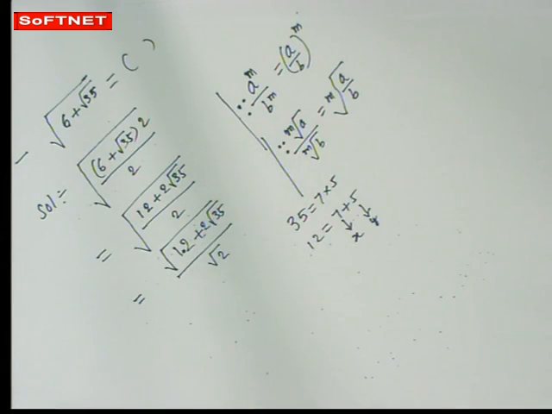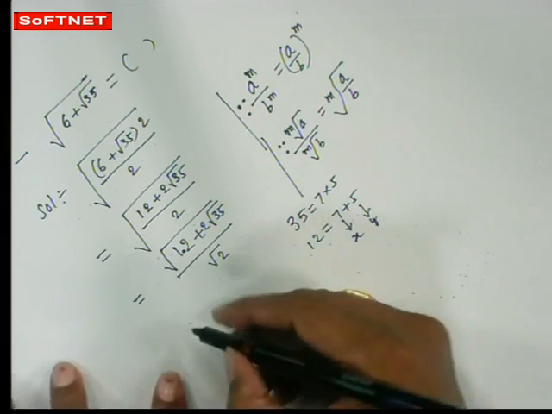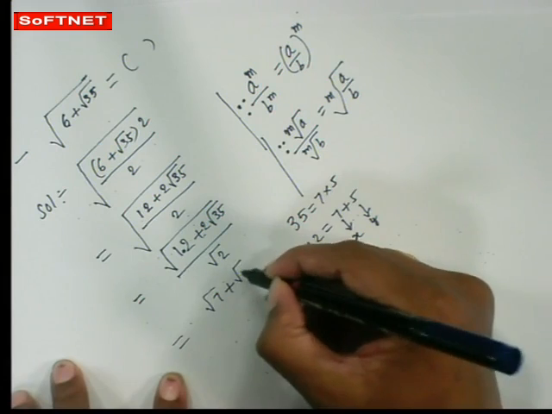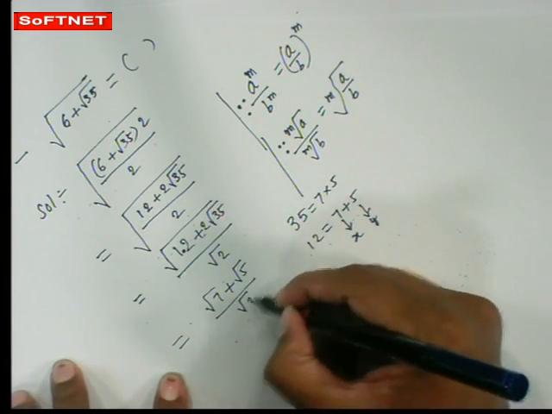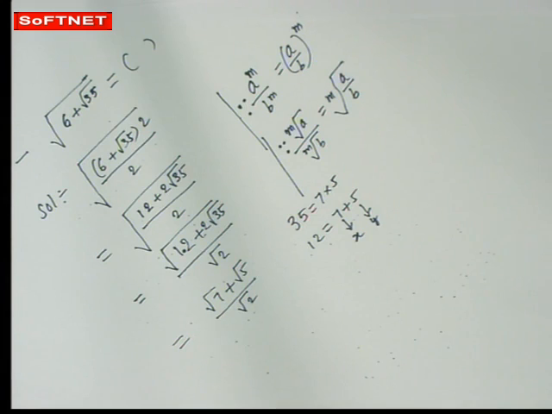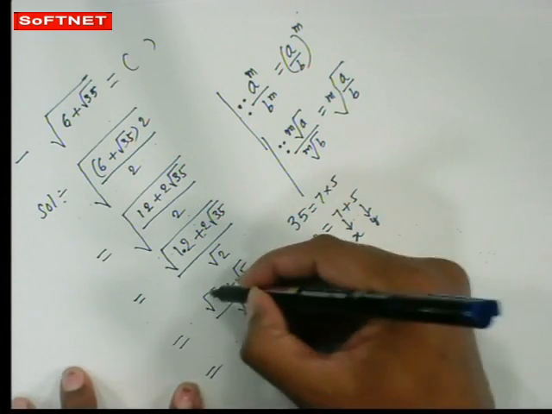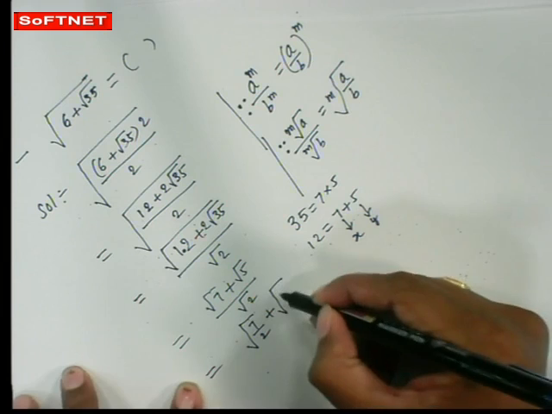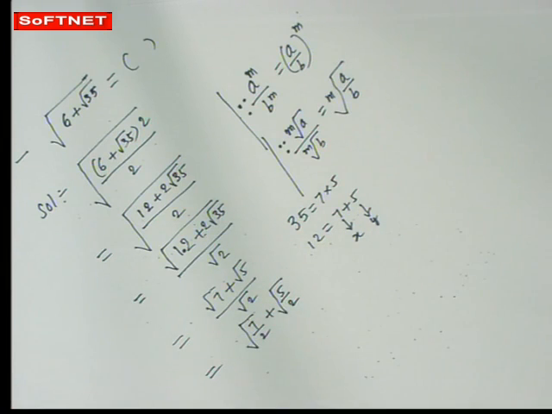This is in the form of root x plus root y, where x must be greater than y. So we consider x as 7 and y as 5. Now this can be written as root 7 plus root 5 by root 2. We can go further: root 7 by root 2 is root of 7 by 2, plus root of 5 by 2. Understood?